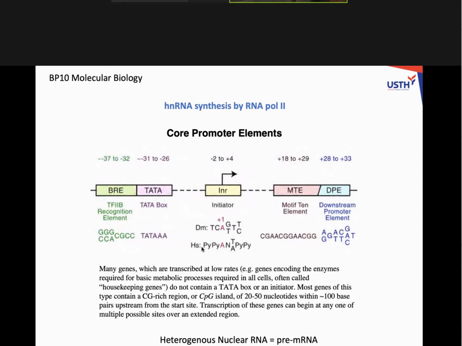If you look at human, the consensus sequence of the initiation start is not that clear. It's still an A for the first nucleotide, but then before that, at -1 and -2, it can be a pyrimidine, whatever pyrimidine it is, and so on.